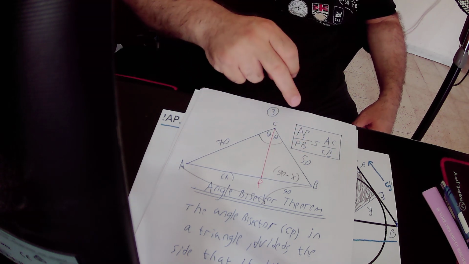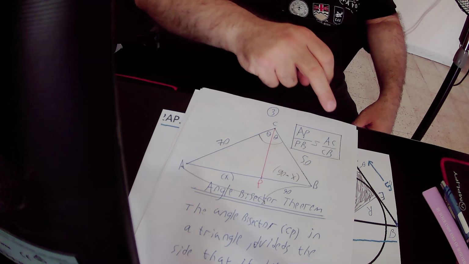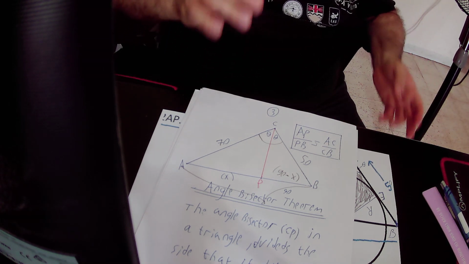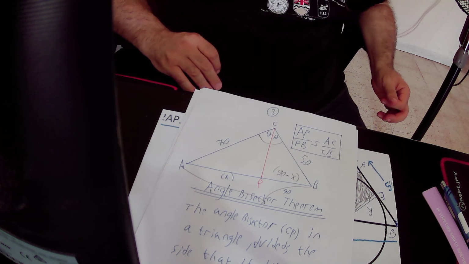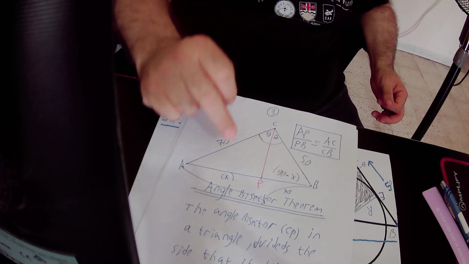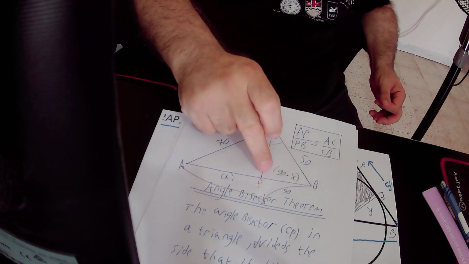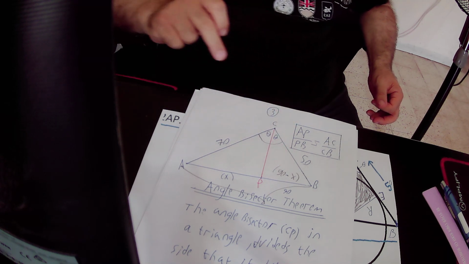So we can define that AP equals X, so BP will be equal to 90 minus X.